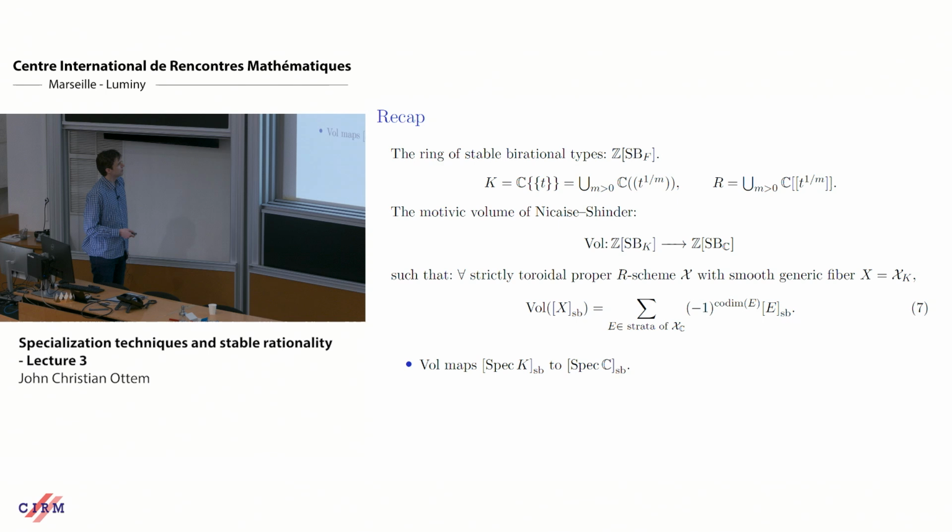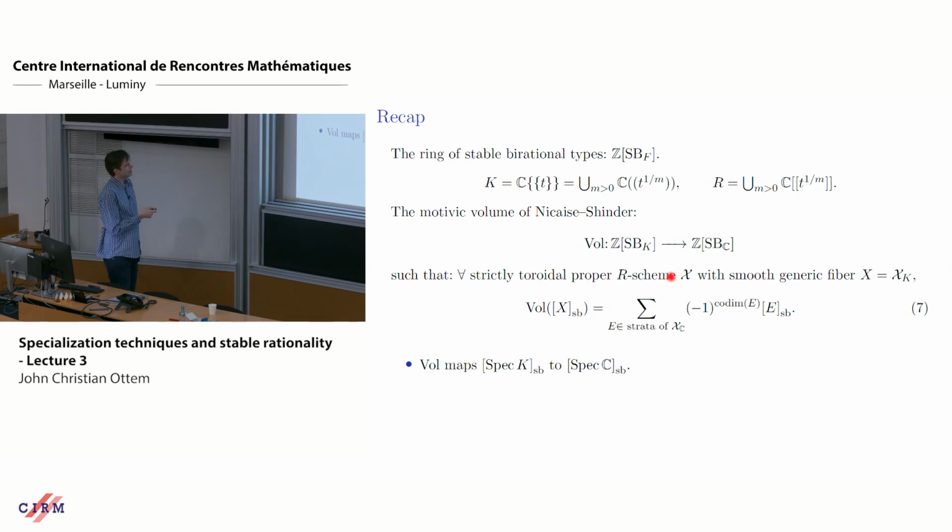And there was this very useful motivic volume formula proved by Nicaise and Shinder, which is basically defined by this. This is in characteristic 0. If you take a scheme which is defined over this valuation ring here, we assume that the generic fiber is smooth and that this is strictly toroidal.